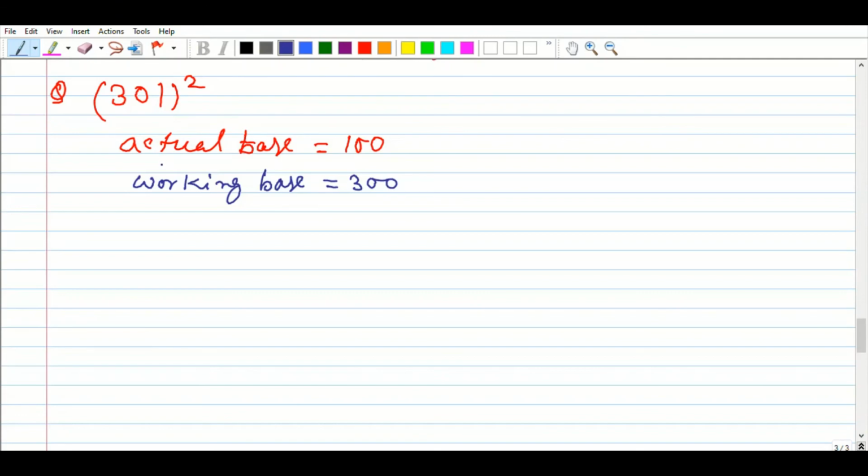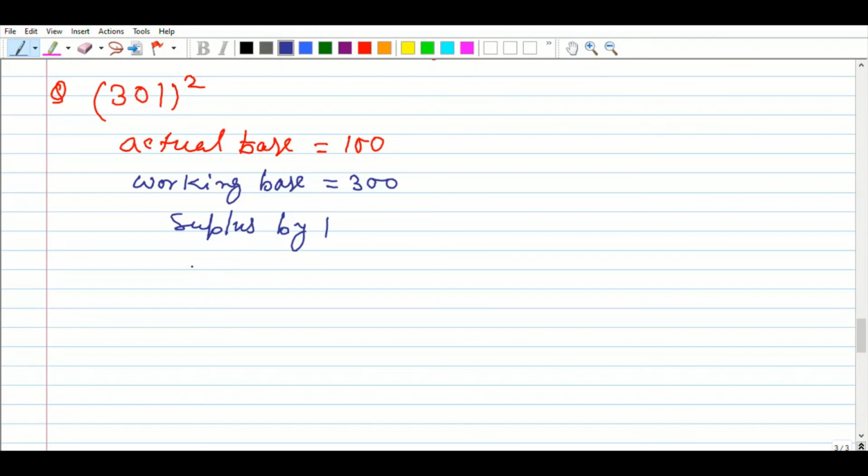Clear? It is obtained by multiplying the base by 3, giving 300. 301 is surplus by 1. Very good. So we further increase it by 1 to make it 302.